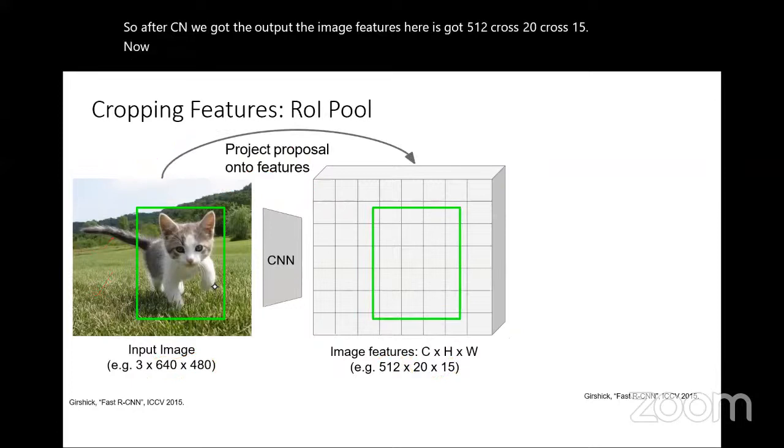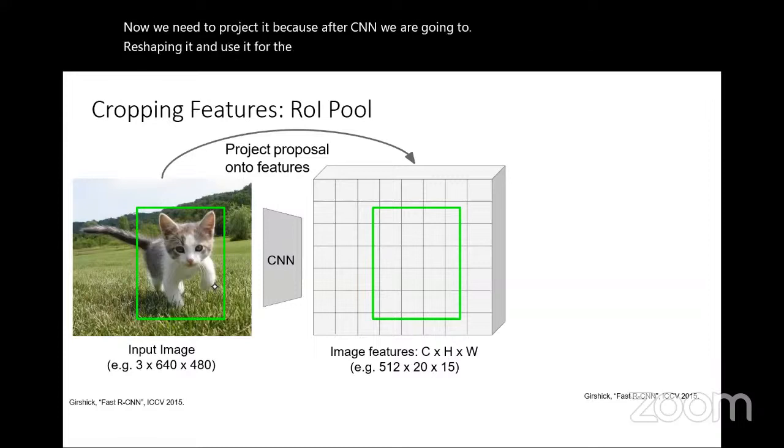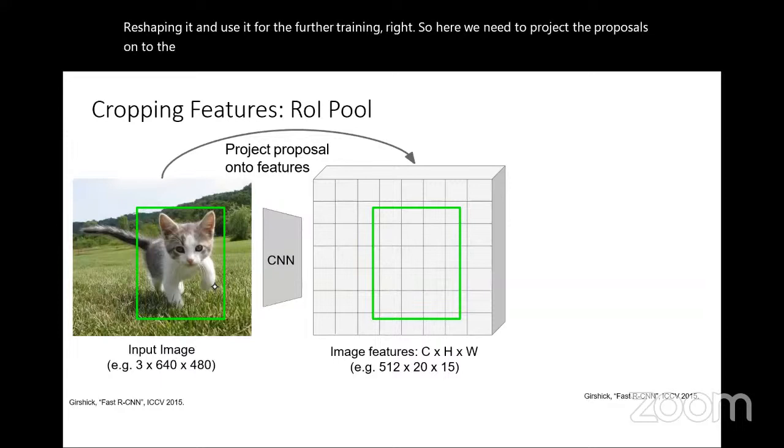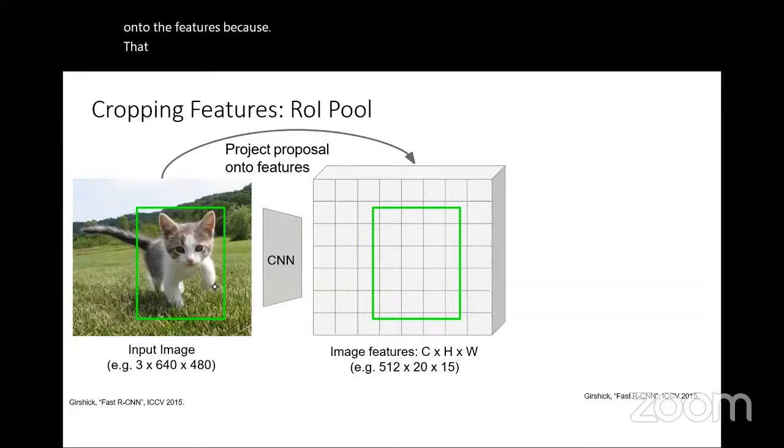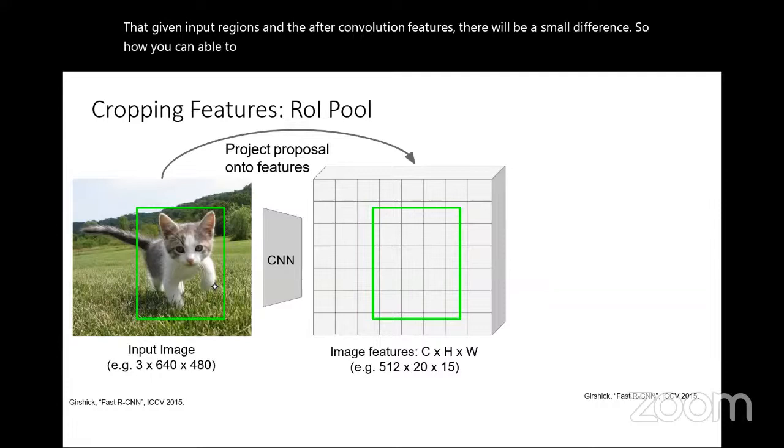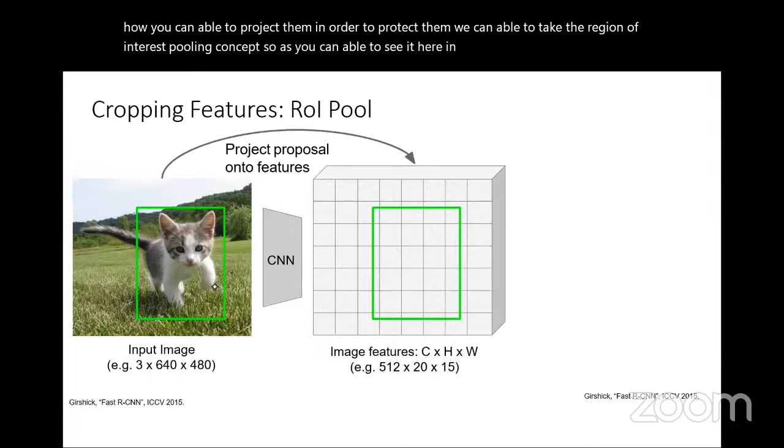Now we need to project it, because after CNN we are going to reshape it and use it for further training. So here we need to project the proposals onto the features, because between the given input regions and the features after convolution there will be a small difference. How can we project them? In order to project them, we can take the region of interest pooling concept. As you can see here, these are all the 512 features we have.